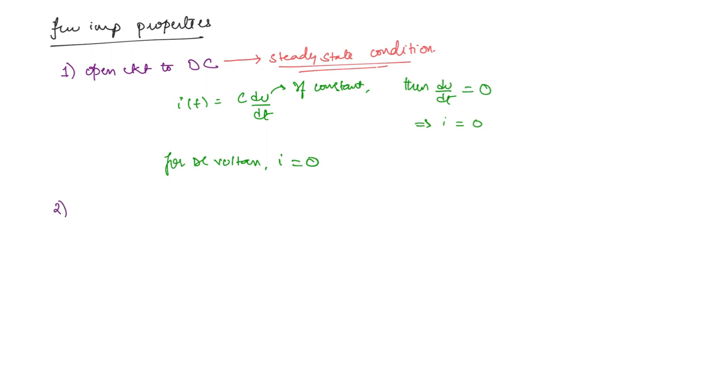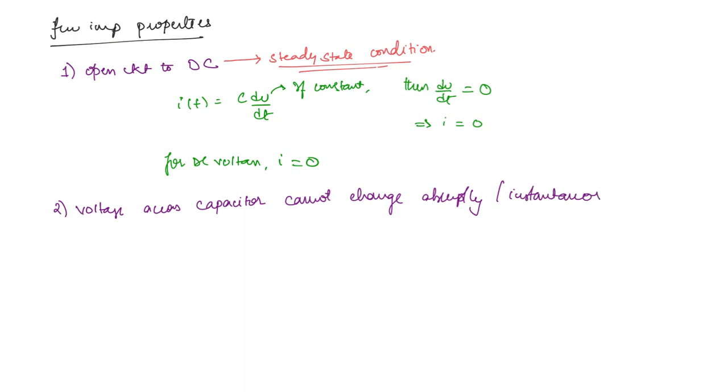Now, the second point is the voltage across capacitor cannot change instantaneously. So, this is one very important point. Okay. Why is this the case?